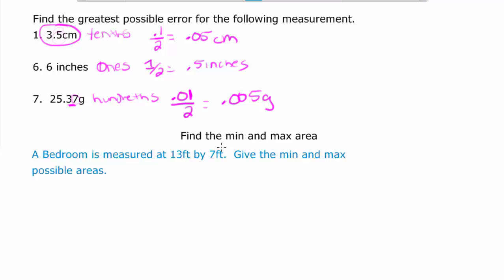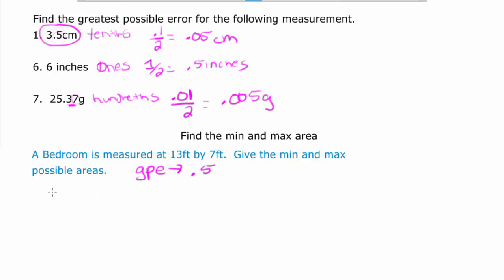If you want to find the minimum and maximum area of something, say a bedroom is measured at 13 feet by 7 feet. That means you got a ruler out and you measured it. Give the minimum and maximum possible areas with the error in there. Since this is to a whole number, our greatest possible error is 0.5.